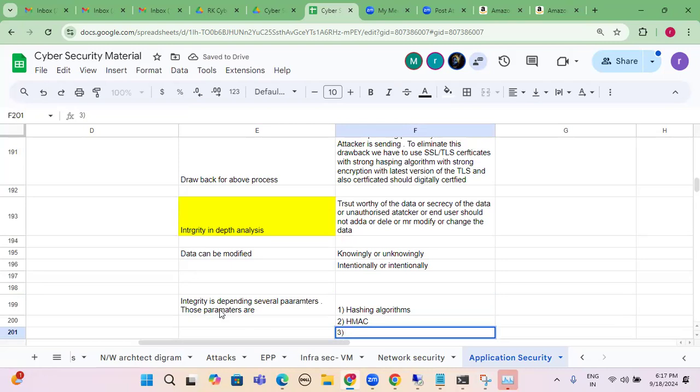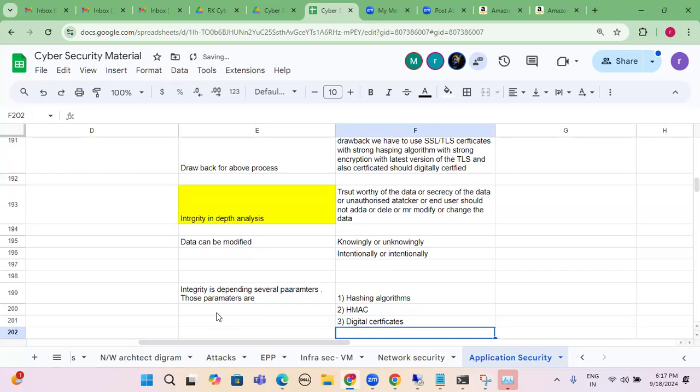Already we discussed in the SSL TLS certificate, digital certificates. So these are the three different things. It is depending on hashing algorithm, and also on HMAC, and also on digital certificates. So now we can discuss these three in-depth.